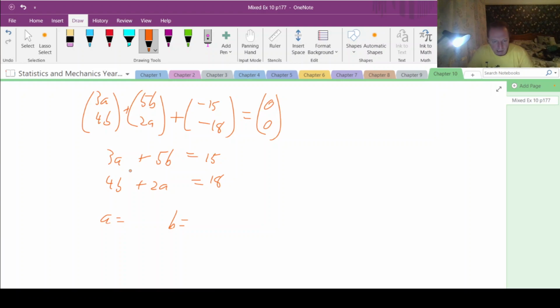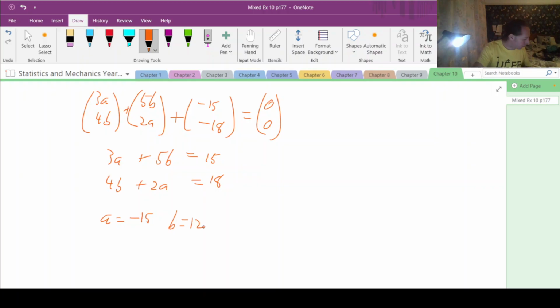My calculator wants the number on the other side of the equals, which is why I set it up like that. And then 2x plus 4y is equal to 18. And we end up with a being minus 15 and b being 12.